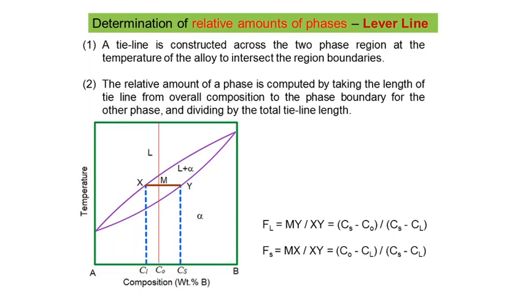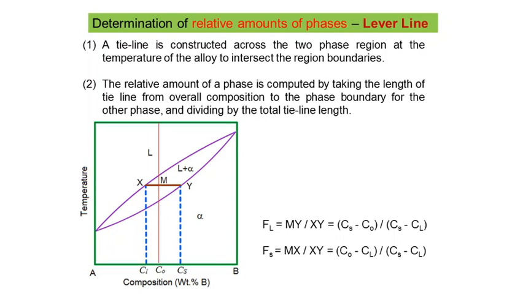The relative amount of the liquid phase is obtained by measuring the difference between the composition of Y and M, that is, the difference between M and Y divided by the total XY length.